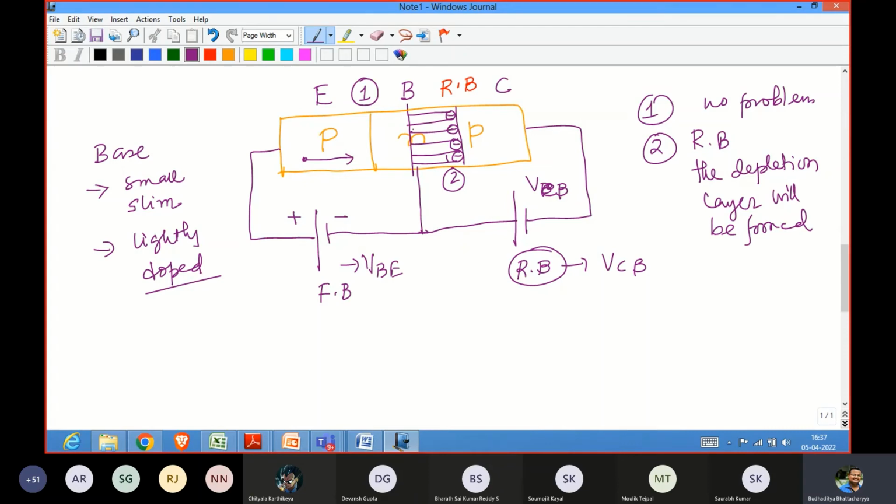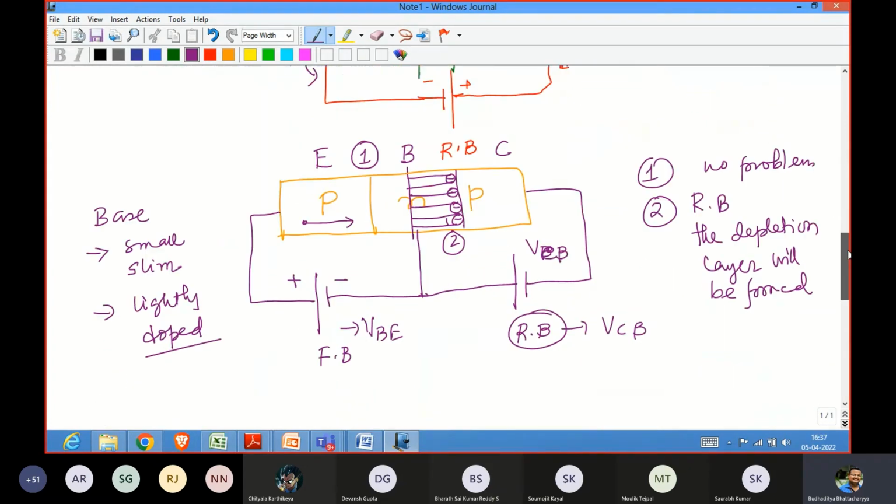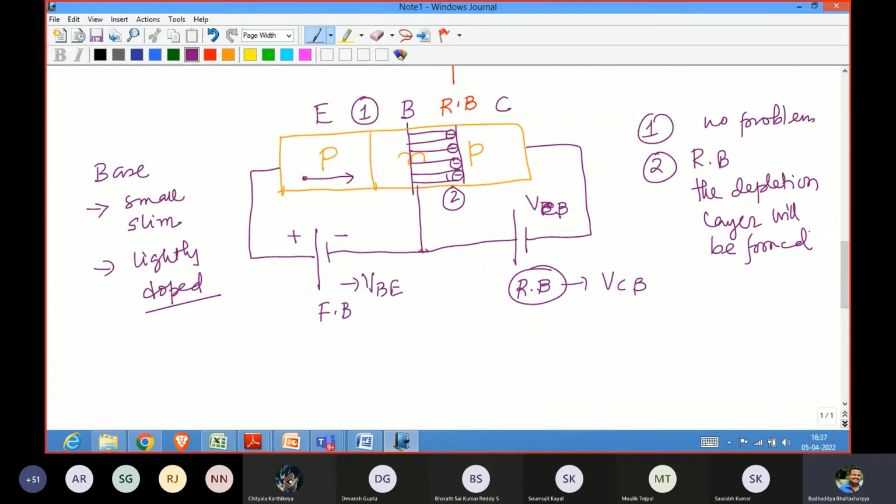Am I okay with this? Everyone is okay with this? Reverse bias causes a depletion region, as we have already stated over here. Now, as we go on increasing the reverse biasing, more and more depletion layer will form. Is it fine, everyone?